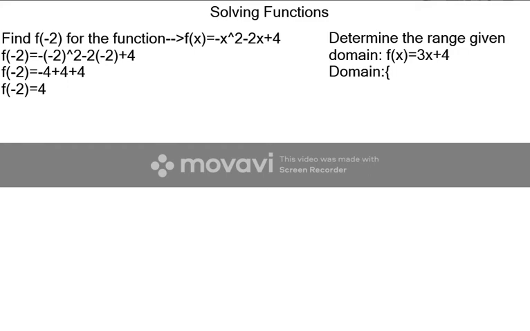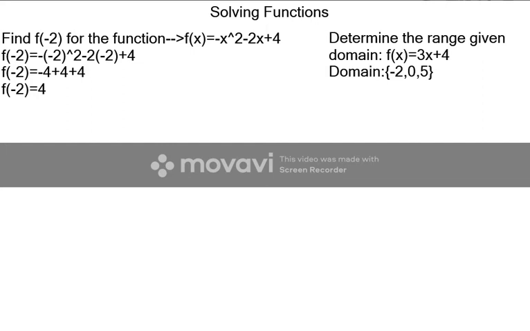We have negative 2, 0, and 5. So basically our domain, like I said earlier in the video, is a set of x values. And our range is our set of y values that corresponds to our domain, right?